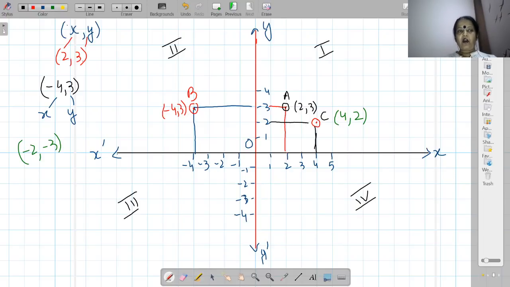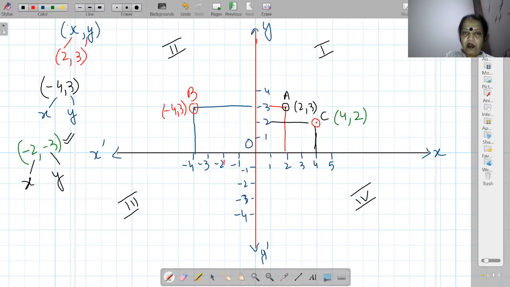Okay, now we will plot this value -2 and -3 on the graph. Now x value, this is x, is -2 and -3 is of y value. So x is -2 and y is -3.